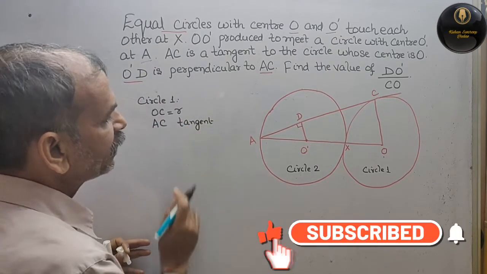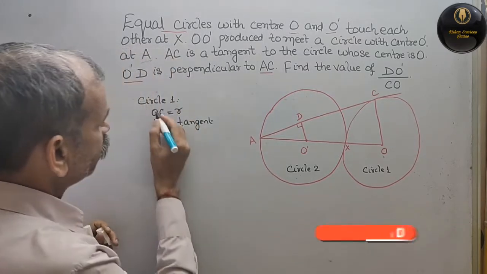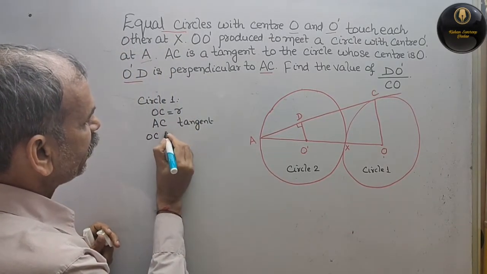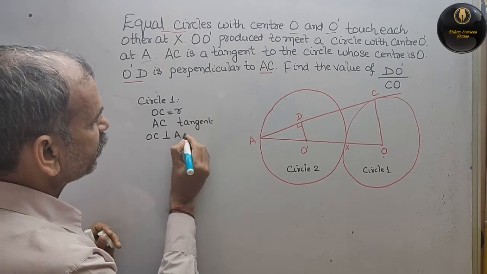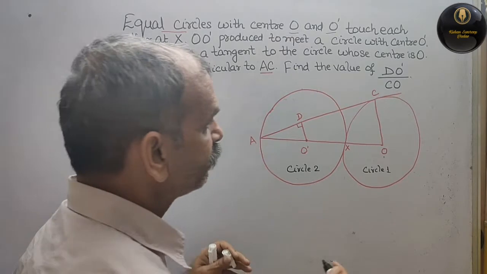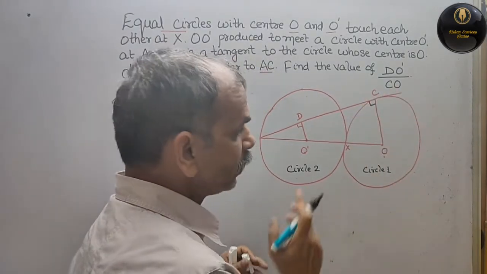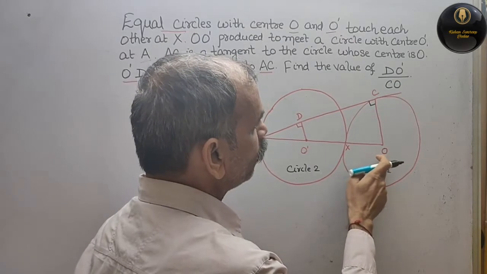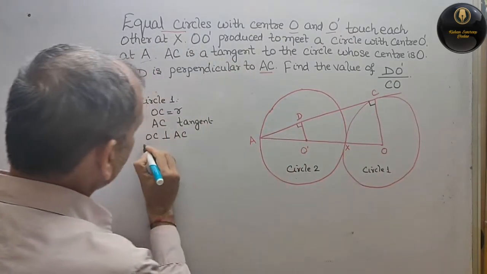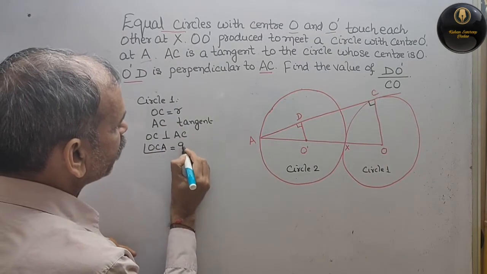We know that radius is perpendicular to the tangent. So what happens? OC is perpendicular to AC. That means they will form 90 degree. So this angle is your 90 degree now. Now we can say angle OCA is equal to 90 degree.